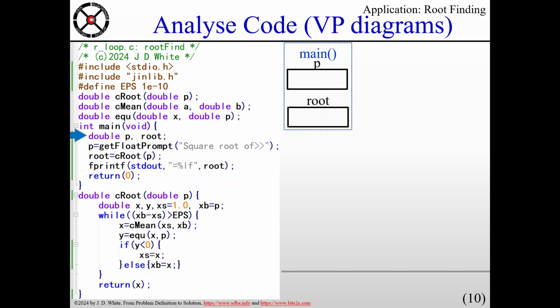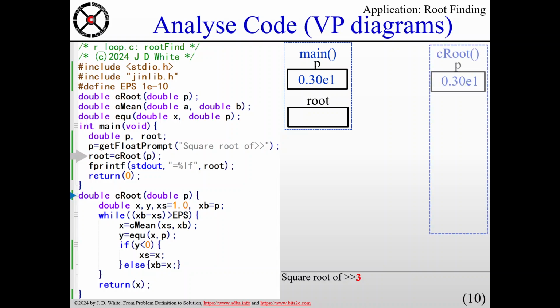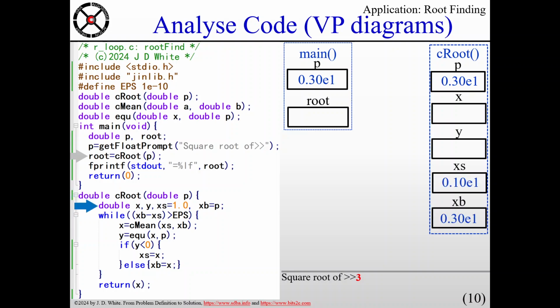And my next line says, okay, call get float point for what I want to get the square root of. And as you can see, I typed in 3, for example. Now I call C root with the 3.